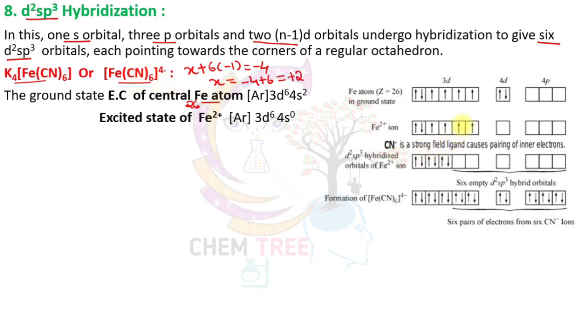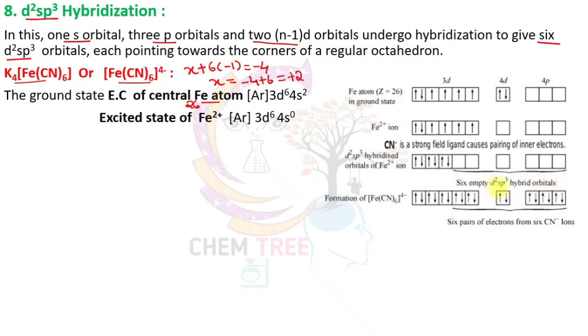Because of this, the electrons in the 3d orbitals undergo pairing. When these electrons are paired up, they form 2 vacant 3d orbitals, 1 4s orbital and 3 4p orbitals, which undergo intermixing and form 6 empty d2sp3 hybrid orbitals.